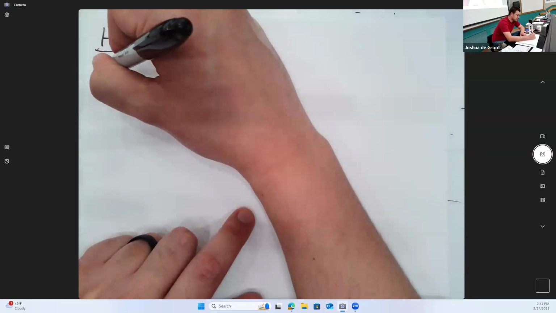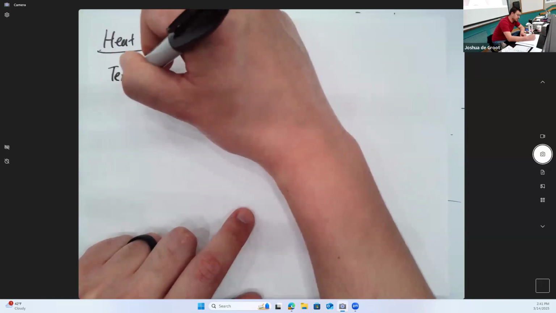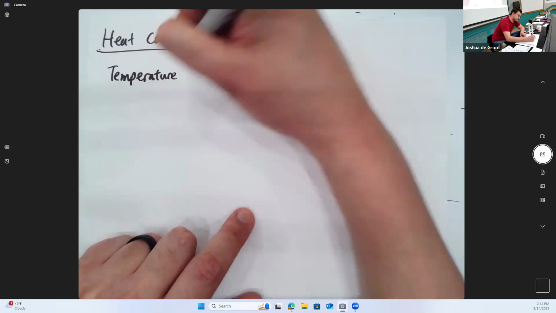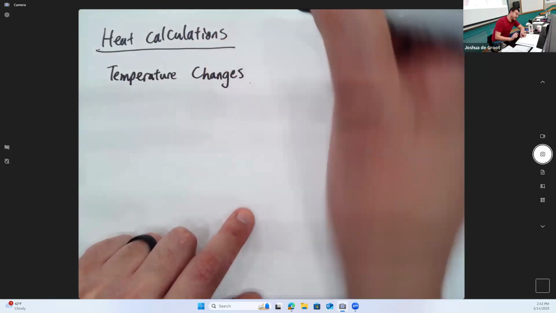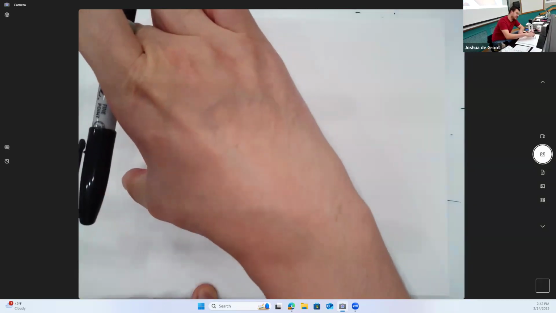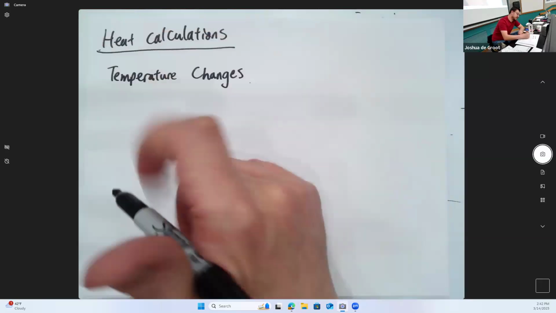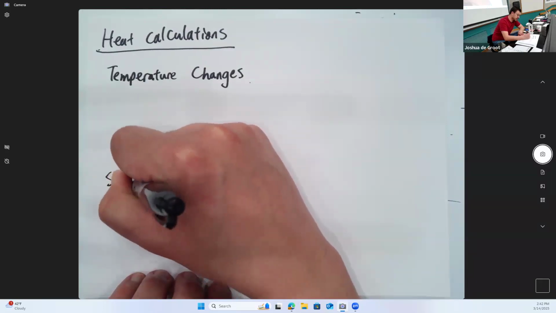The first category is going to be temperature changes. And then I'll leave maybe 5 or 6 lines of space to write the equation. I'll get back to it in a moment. And the second category is going to be structural changes.